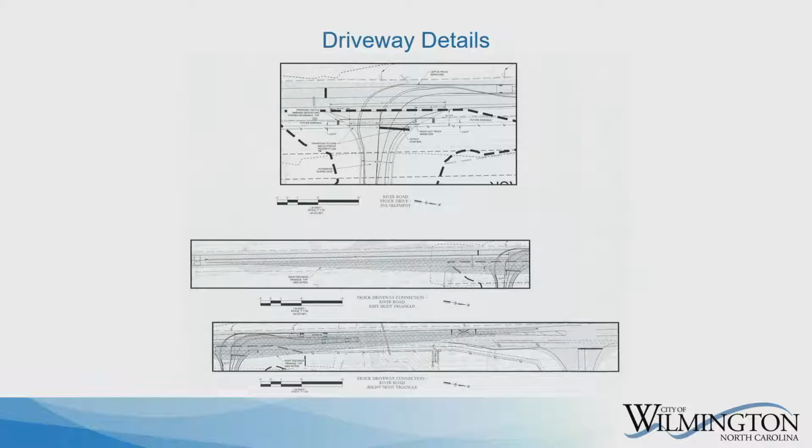I have a little concern about trucks getting in and out of this site at this driveway at the same time. It looks like the right turn out vehicle completely crosses the center line of River Road in order to make that maneuver.